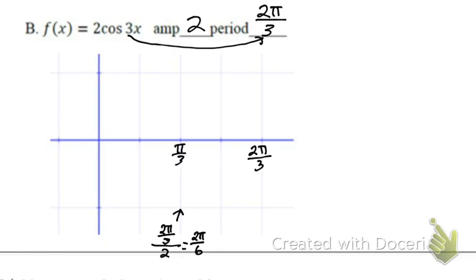But that makes sense. If I have 2 pi over 3, half of that's going to be 1 pi over 3. Then we take half of this. Pi over 3 divided by 2 is pi over 6. Pi over 6 plus pi over 6 equals pi over 3. Then the last step is multiply by 3. So I'll have 3 pi over 6, which is going to be pi over 2.